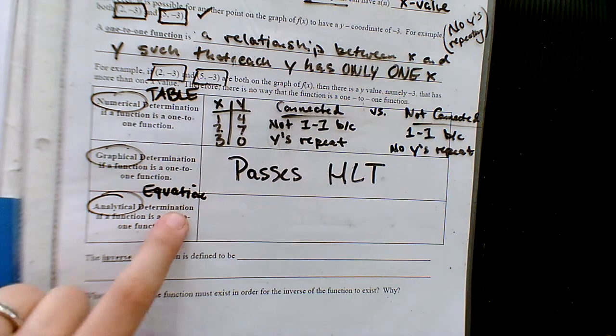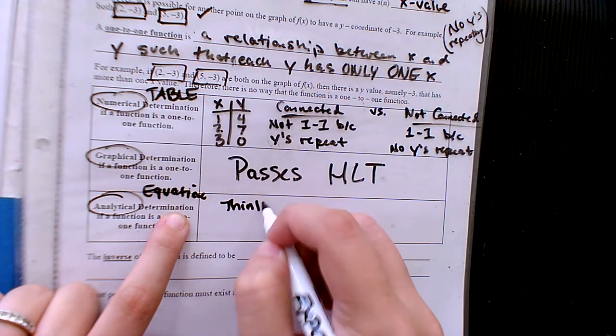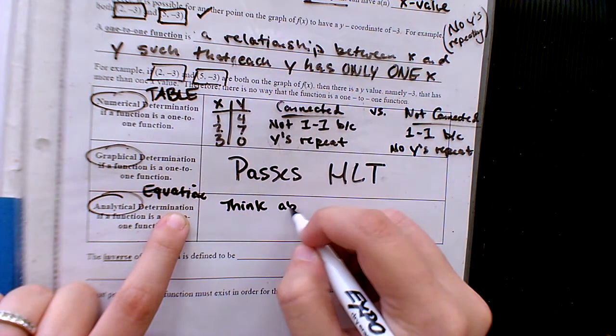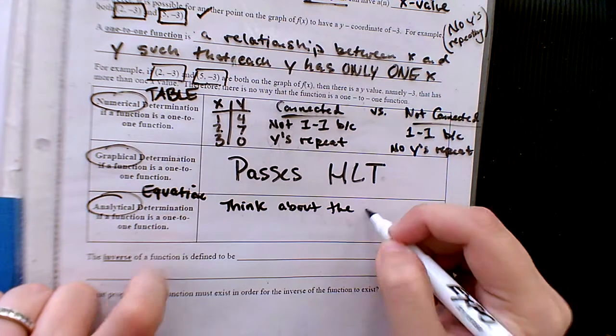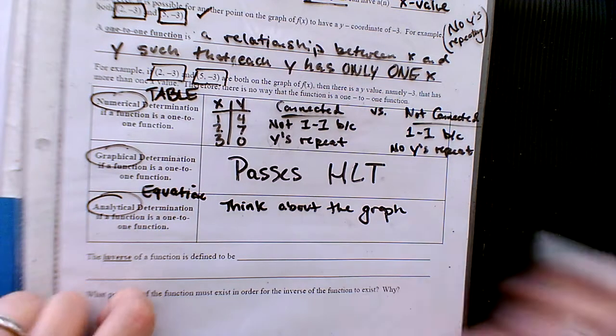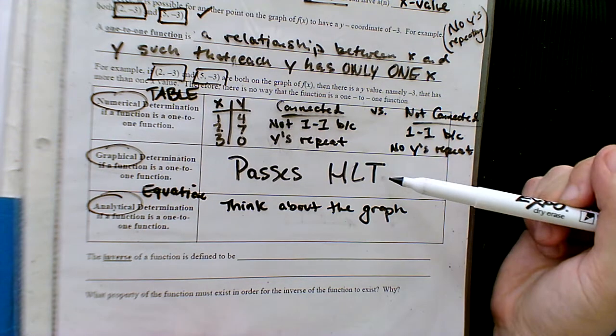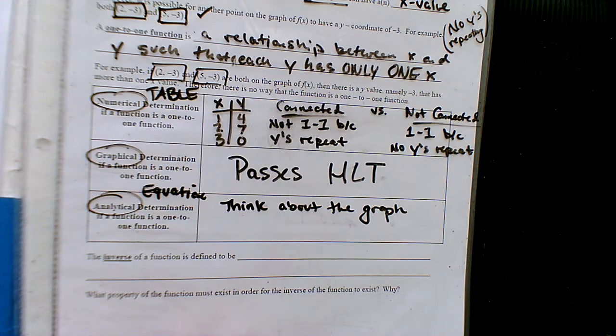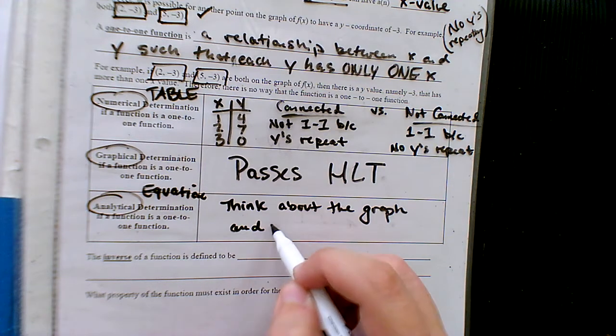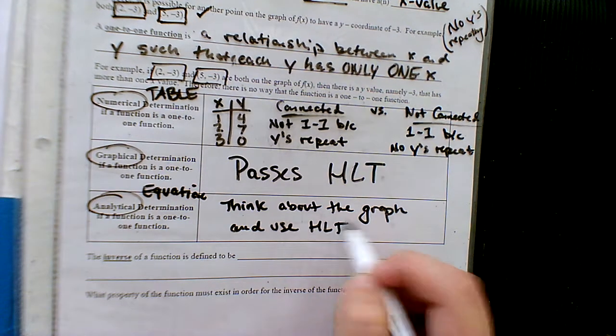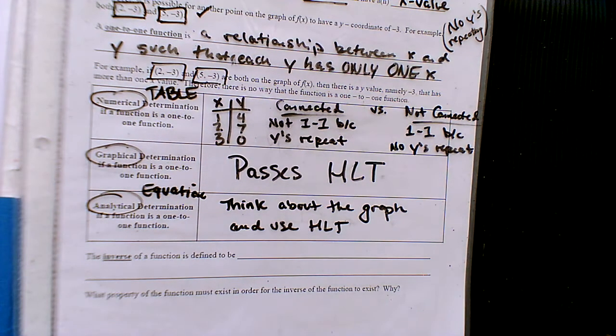So if we have an equation, we have to think about what the graph looks like. And if you can picture the graph in your head, you can then use the horizontal line test to see if that would pass or not. So think about the graph and use the horizontal line test.